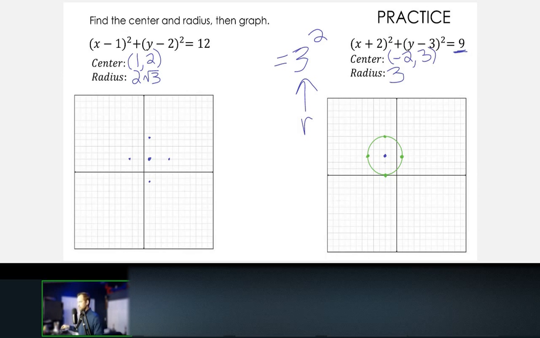Hopefully, that's roughly 2 radical 3 distant from the center. Then we get our circle, and something like that, right? Not too bad, right?